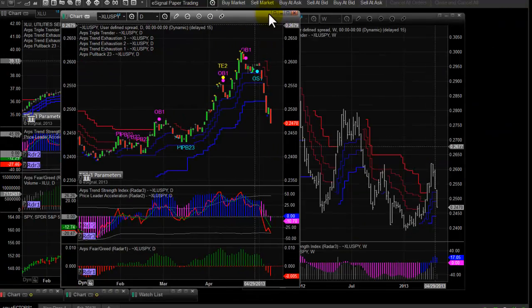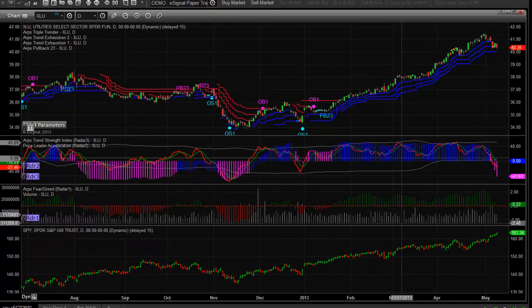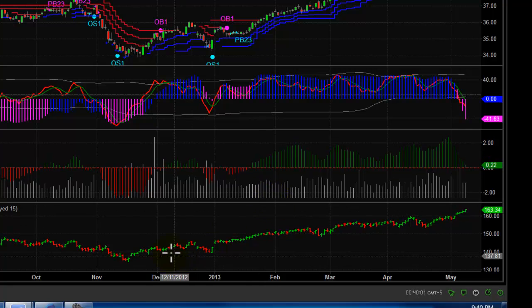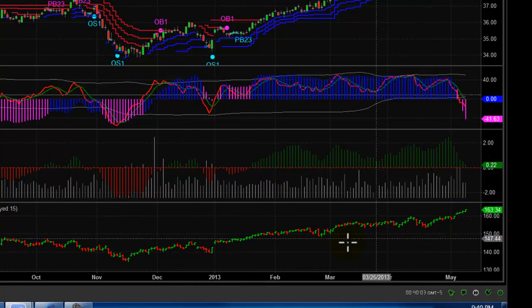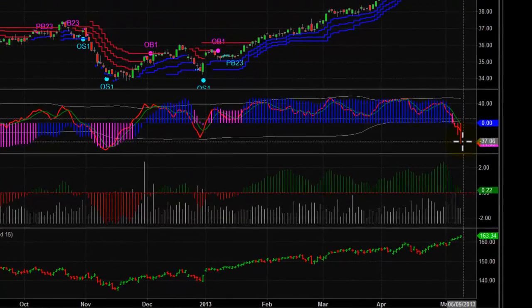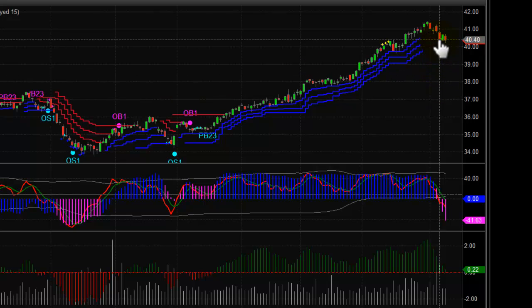Now, if you want to look at the sector in and of itself, here is XLU. I have the SPY here at the bottom. You can see it's just been rising and rising since last November. Fear greed indicator and radar 3 here. You can see radar 3 is starting to show bearishness for the utilities ETF, although we're still relatively bullish in the triple trender.